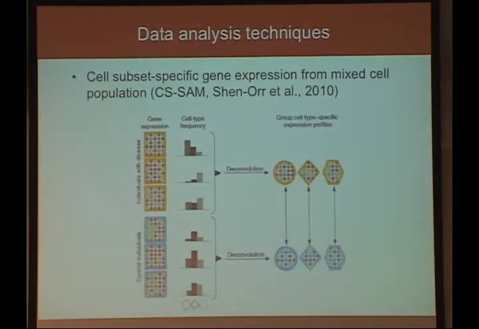And then we have a battery of data analysis techniques that we are implementing and expanding. And one of these that you'll also hear more about tomorrow is cell subset specific deconvolution of gene expression data. And so basically it's a way to take gene expression data at a group level, which you've derived from whole blood, for example, or some other kind of mixed tissue, and for which you also know the frequencies of the various cell types in that mixture.